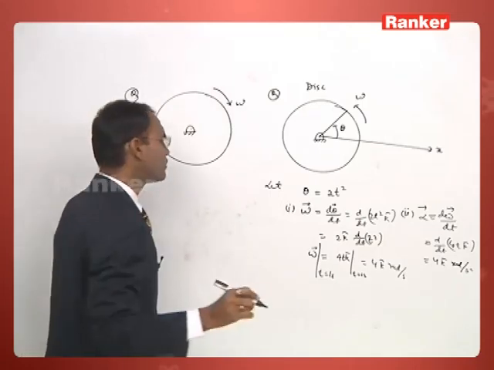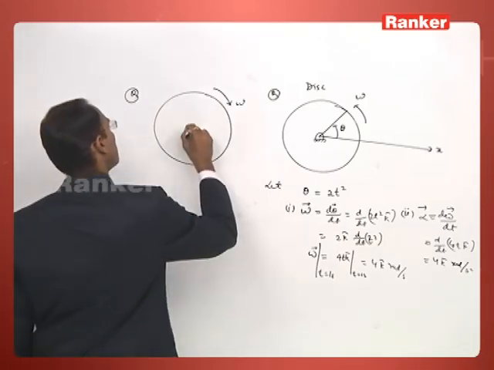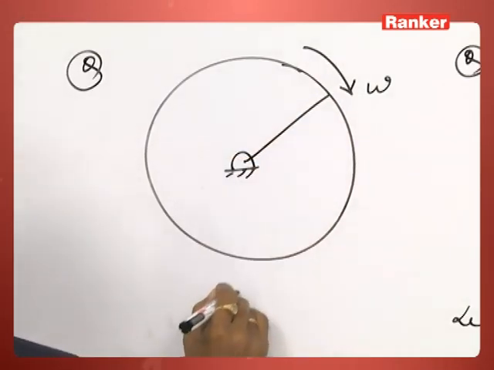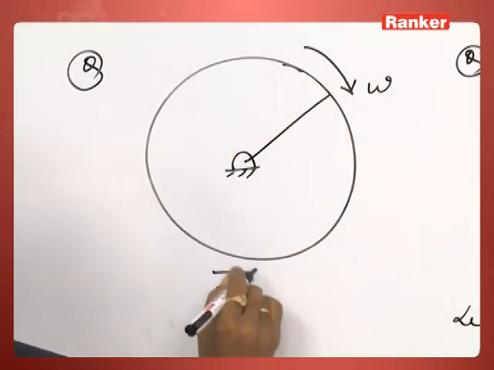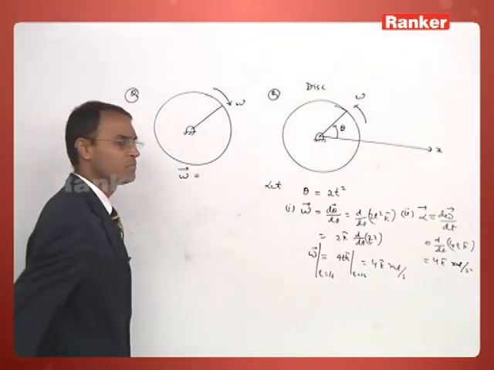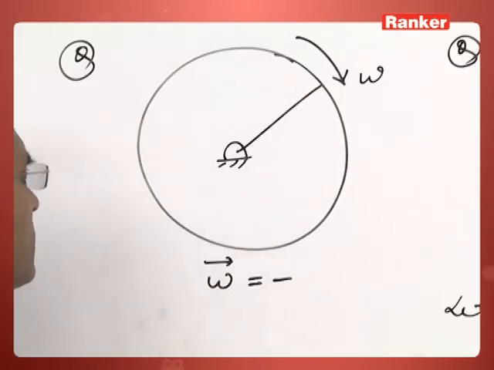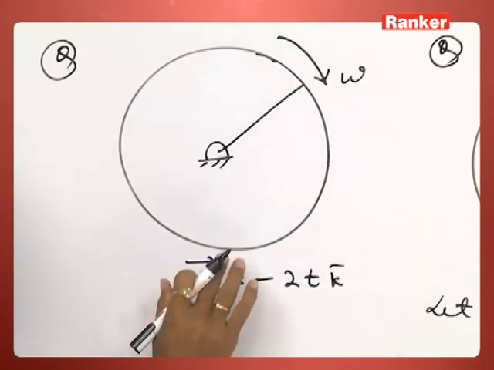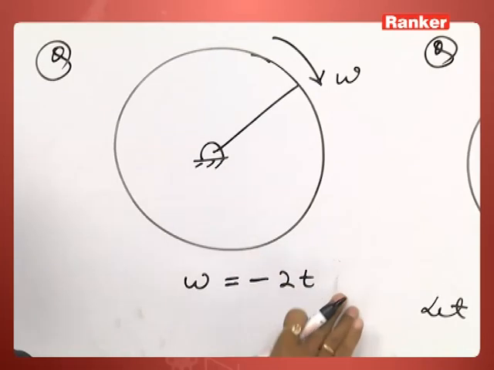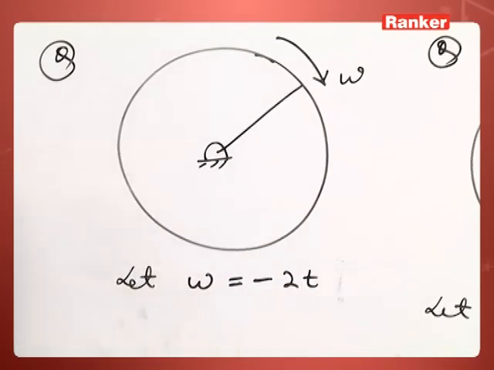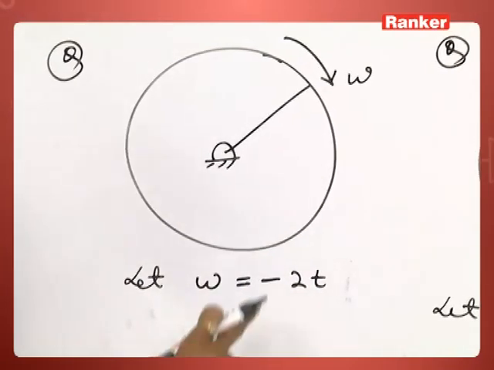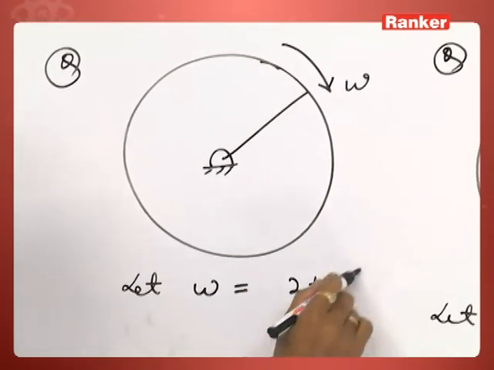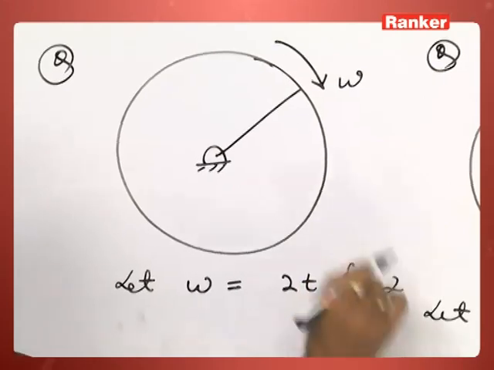To get a clockwise omega, suppose omega is equal to minus 2t k cap is given, or omega magnitude is given. Let magnitude of omega is given as 2t. Find alpha.